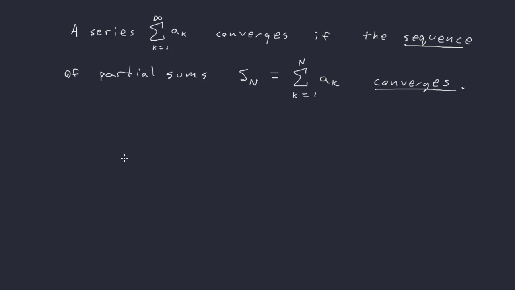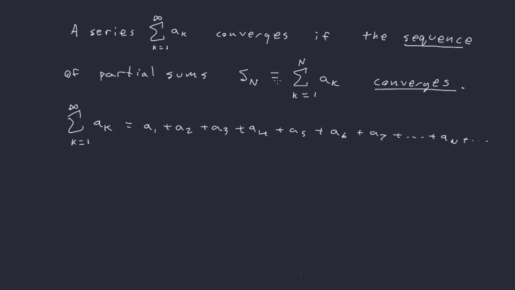What that basically means is, as I was saying, the series adds these terms all up. So the series will take a1, and then it adds a2, and a3, and a4, and a5, and a6, and then a7, and on and on forever. It'll hit a_n, and then it'll keep going.